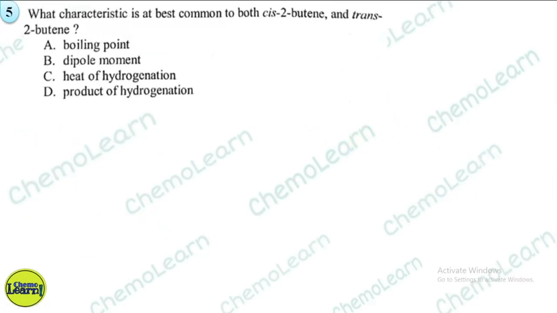Question number 5. What characteristic is common to both cis-2-butene and trans-2-butene? Boiling point, dipole moment, heat of hydrogenation or product of hydrogenation. See, if you have two isomers, that is cis and trans, they have the same chemical properties, but their physical properties are always different.